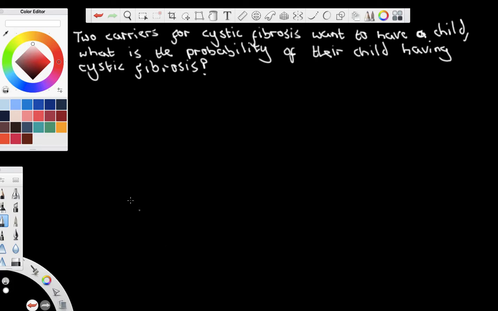So, from the question, we can work out that they are two carriers for cystic fibrosis. Okay, cystic fibrosis is only given to people if they have two recessive alleles. So what we can start by doing here is we can start by drawing a key.